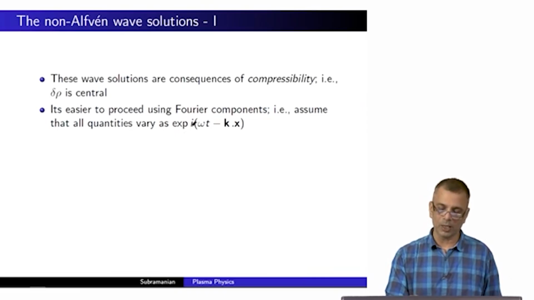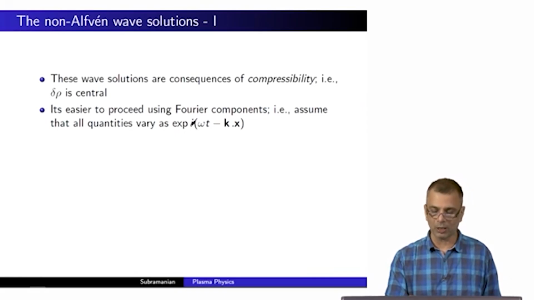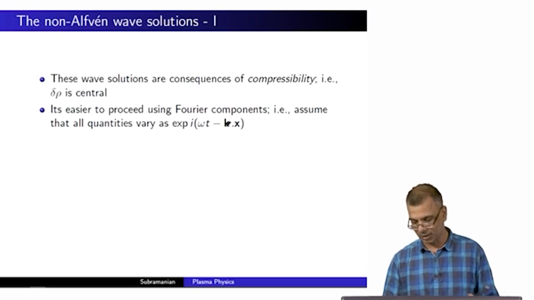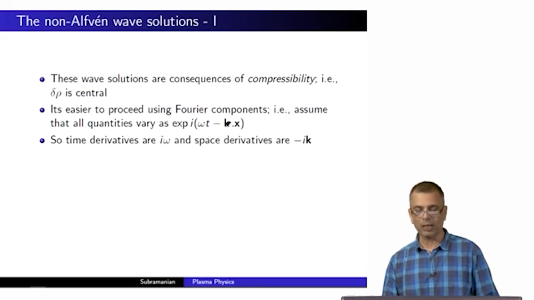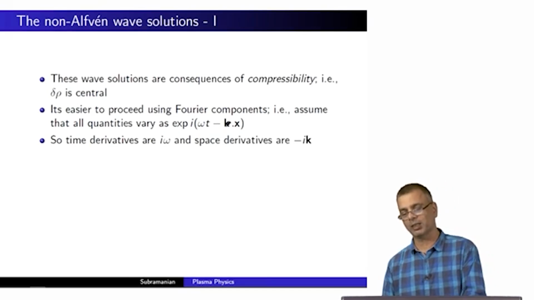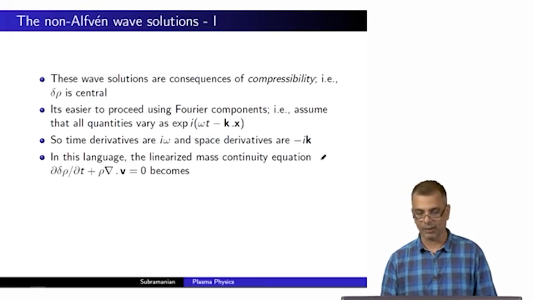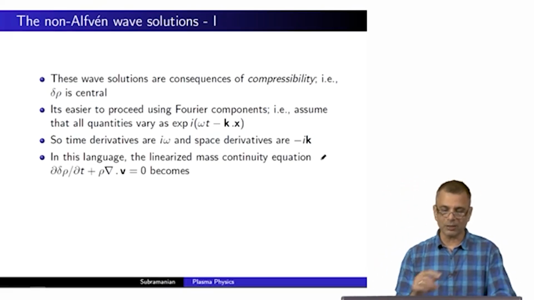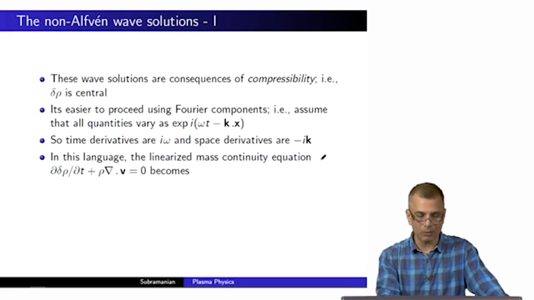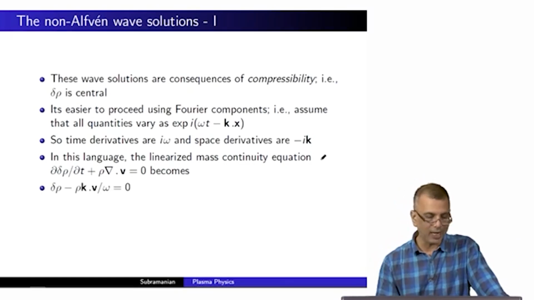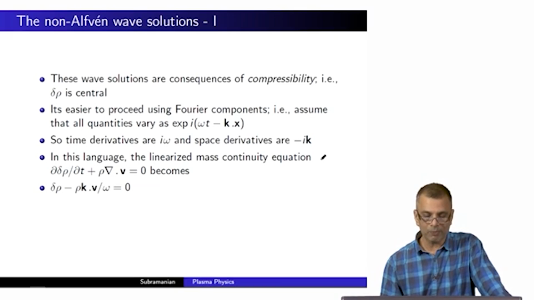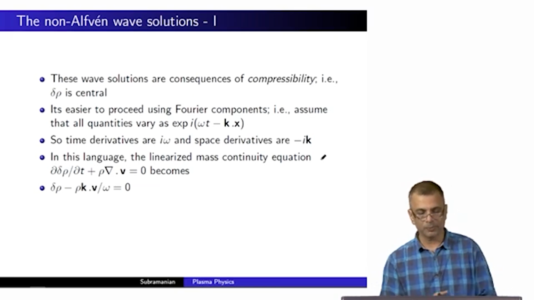So I assume that it's an exponential, i omega t minus k dot x, right? So therefore, all time derivatives become i omega and all space derivatives become minus ik, right? So in this language, the linearized mass continuity equation, which is this, becomes that, right? So it's quite simple.